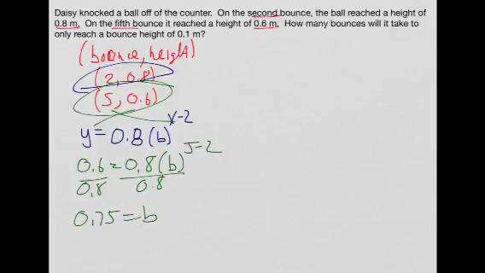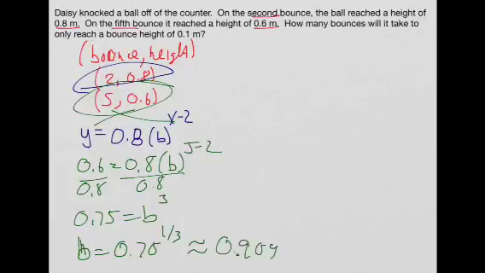I can take 5 minus 2 as the third power. So b is going to be 0.75 raised to the 1/3 power, which is approximately 0.909.